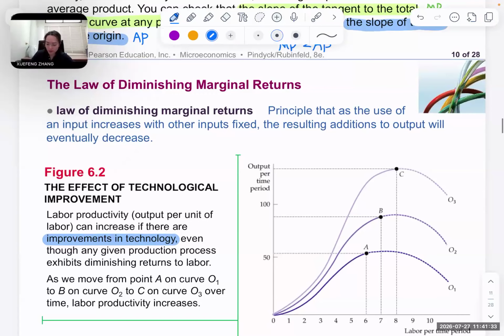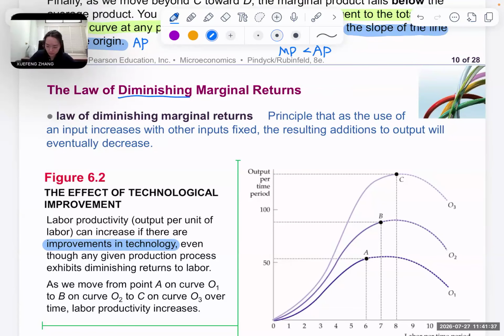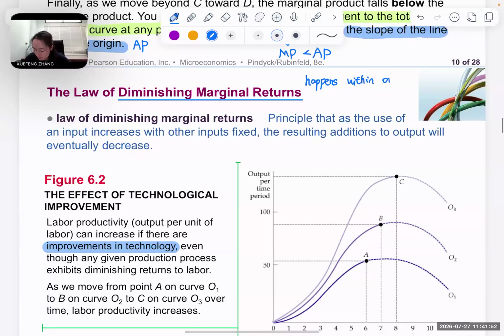Let me help you with this. Diminishing marginal returns happens within one technology level.